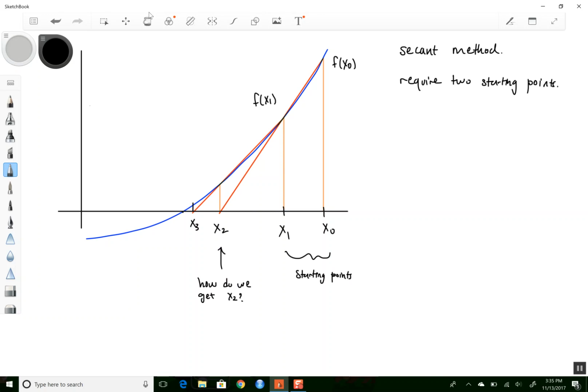Okay, so I'm going to look at this triangle here, this one right here. So x2 is going to be x1 minus the run here.